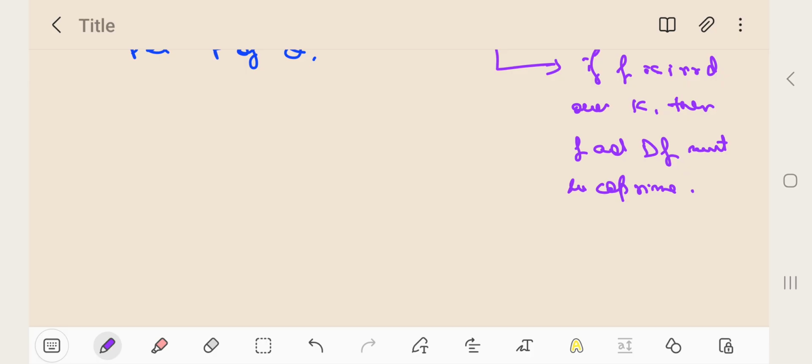Therefore, by the Bézout lemma, I can have a linear combination of these polynomials with the coefficients coming from k, and if I extend this equation to the complex field, I'll immediately get that the GCD of f and df is equal to 1. Clear? Okay.